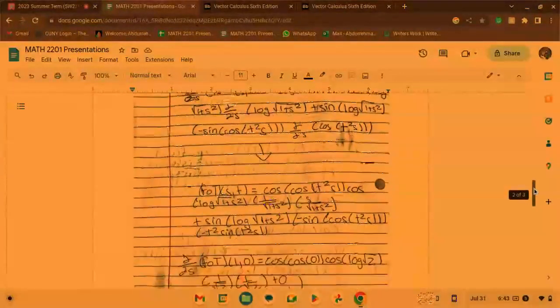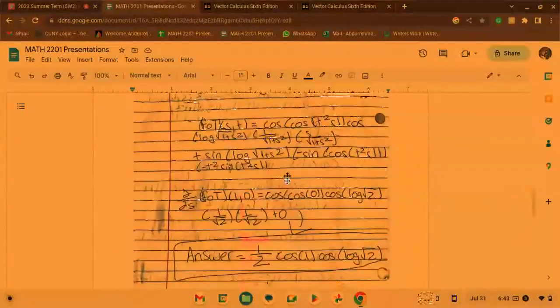If I go down, I finally get right here cosine of cosine of 0 times cosine of 0, it's cosine of cosine 0, cosine 0, yes, and then log of cosine squared, of log of the square root of 2.